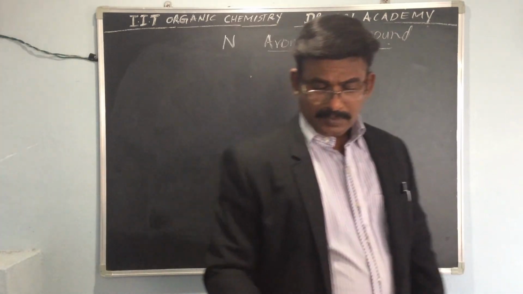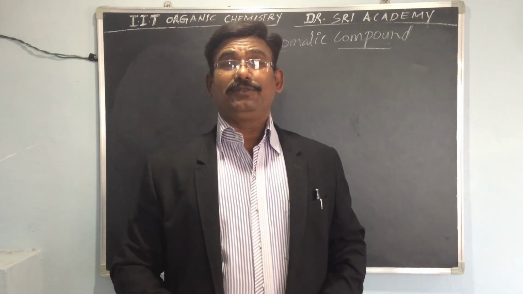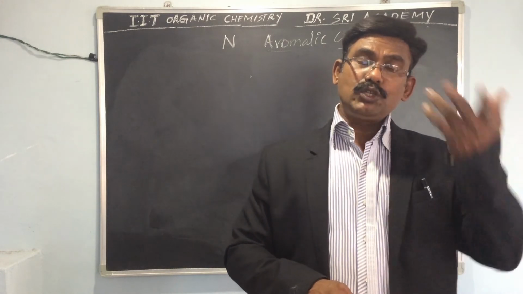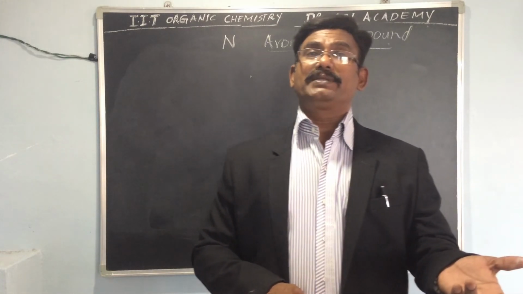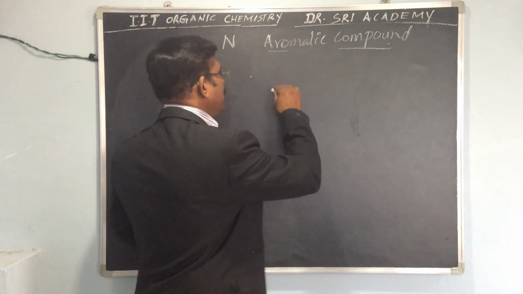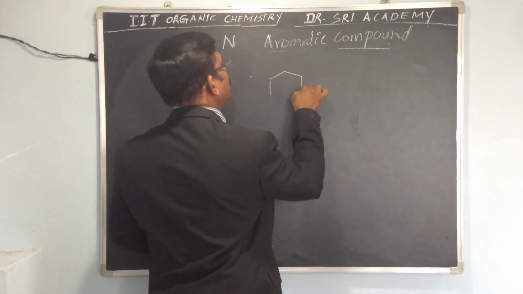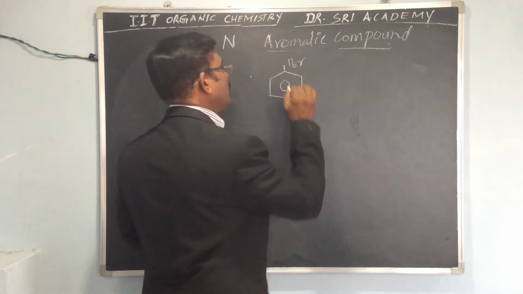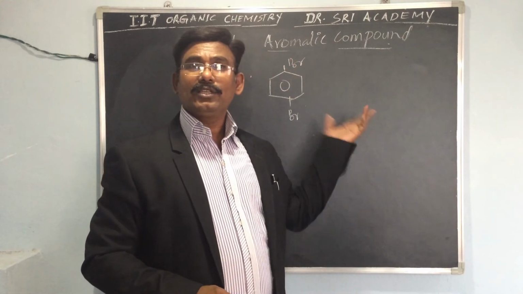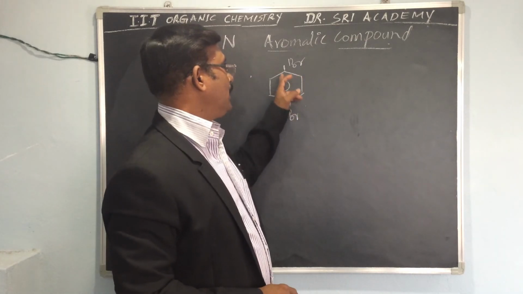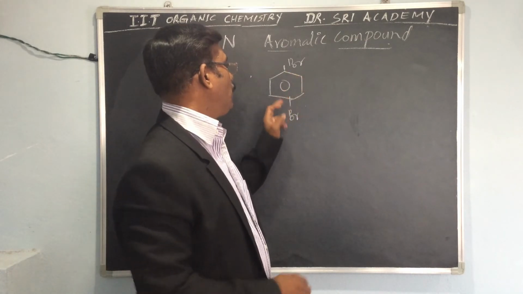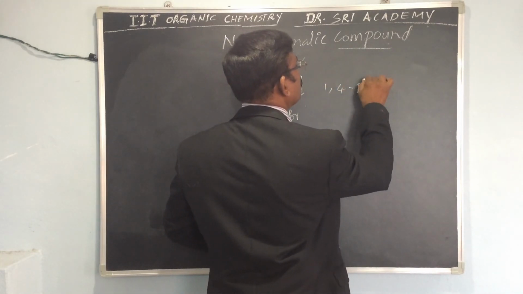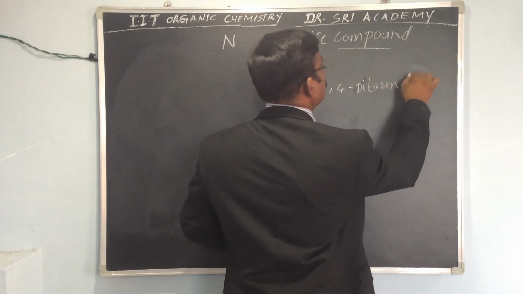If the benzene ring contains 2 substituted groups, for example 2 bromo groups, how can you give the name? Two means di, and you number from either side: 1, 2, 3, 4. So 1,4-dibromobenzene.